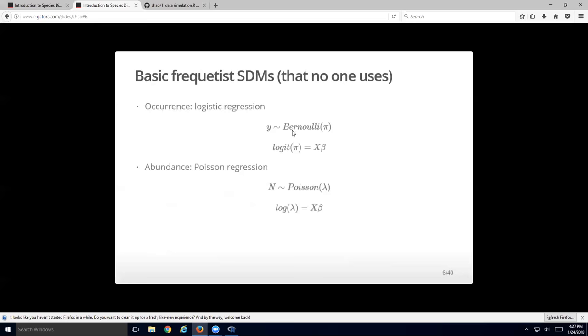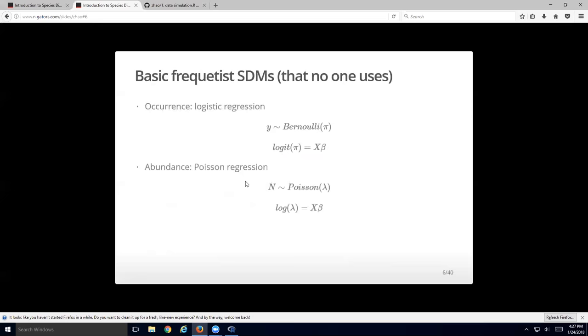I don't have any index here, but you can consider this indexed by space. And this pi is a function of your covariates. So that's the basic form of a logit regression.